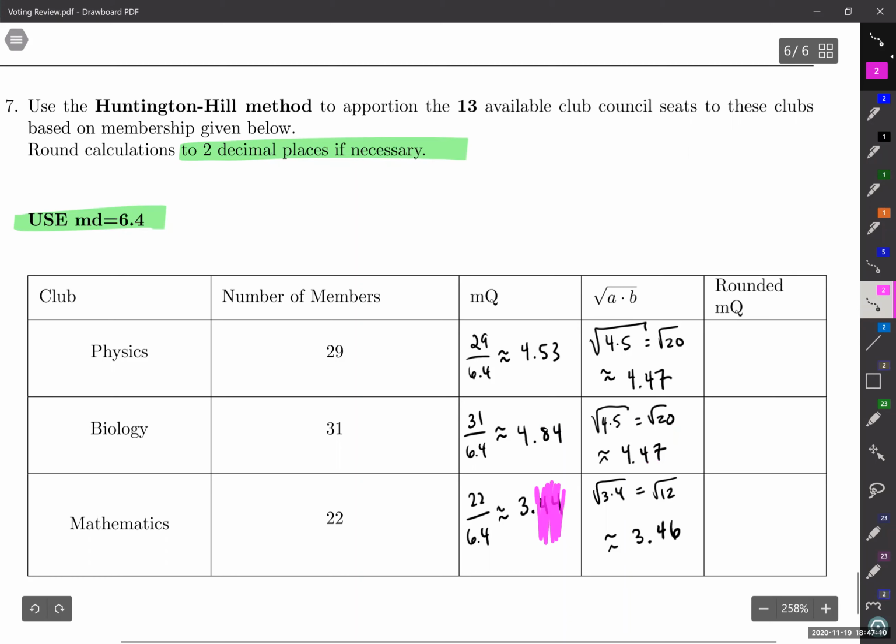This one, the integer start for mathematics is 3. So A is 3, B is 4. We'll take 3 times 4, which gives us 12. Take the square root of 12, and we should get about 3.46 when rounded.